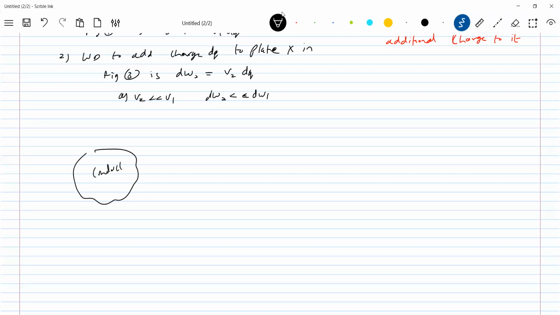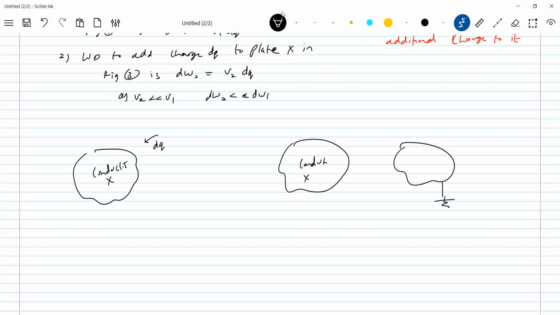Some any shape, let it be. I want to add a charge. I have to do work. I can keep on adding a charge and I'll be doing work. Instead, shall I go for another method? There's a conductor X. I'll bring another earthed one.